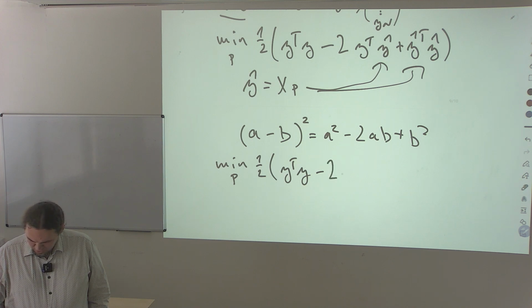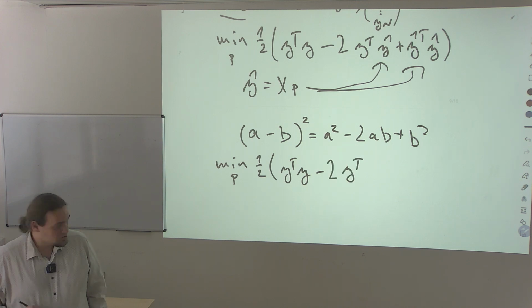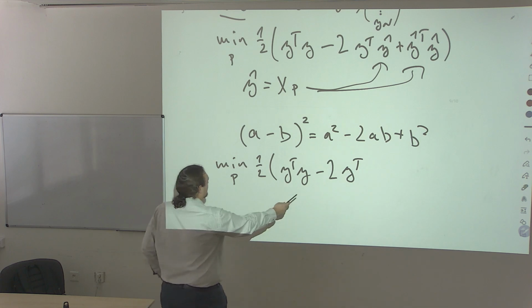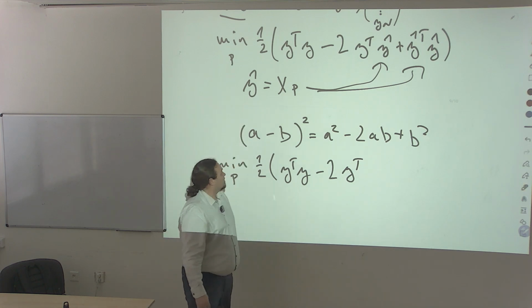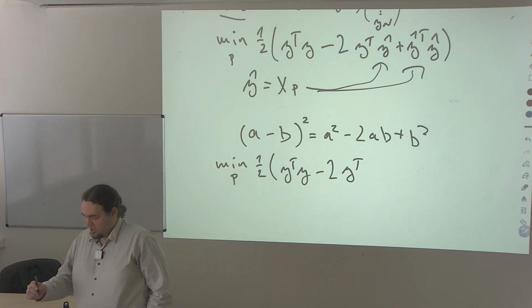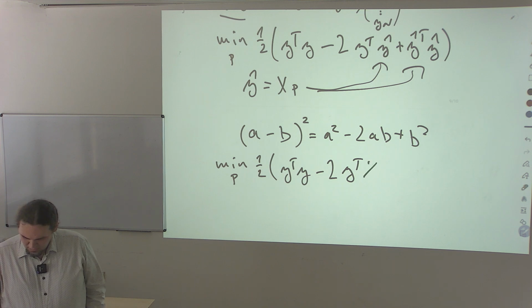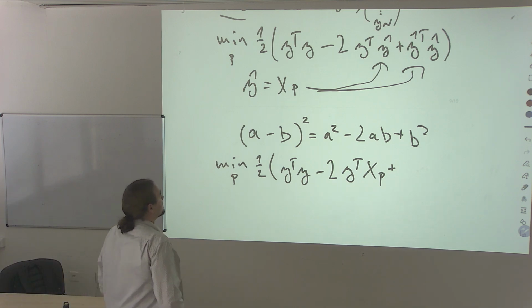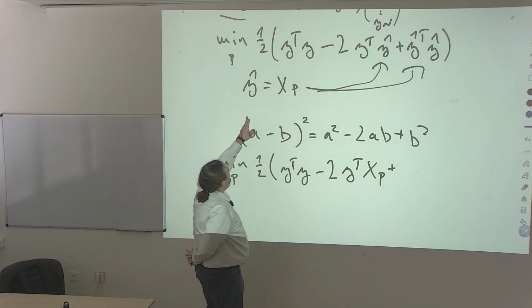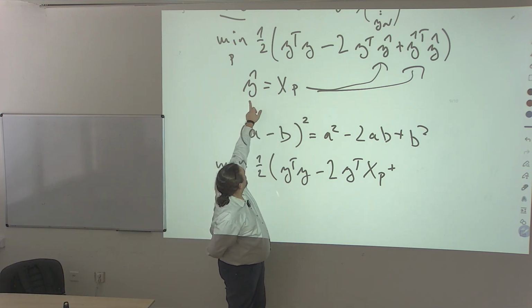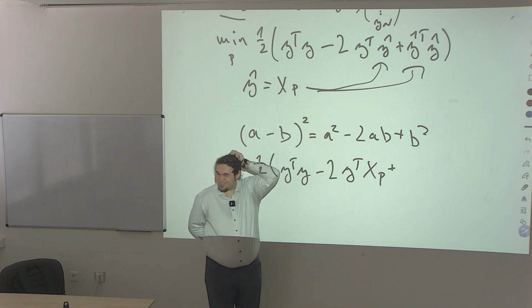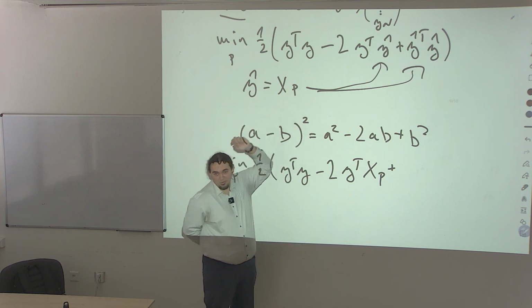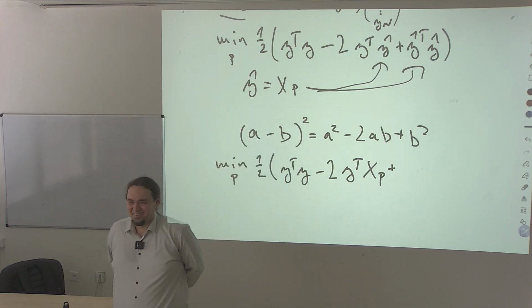Minus 2 times y transpose times y hat, which we now say is x times p. And our last term, well, that will be a bit complicated. What would y hat transpose be equal to in terms of x and p?